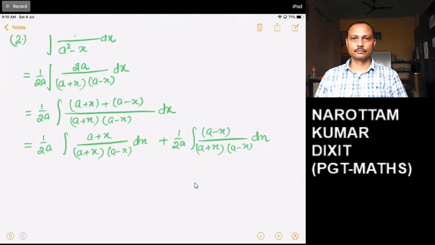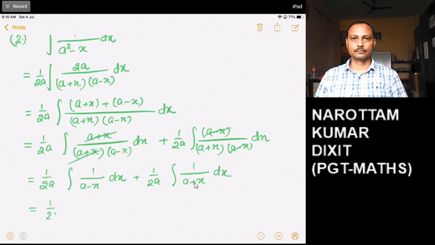So in the first term a plus x cancel out, in second term a minus x cancel out. So we get 1 upon 2a integration of 1 upon a minus x with respect to x, and it is 1 upon 2a integral of 1 upon a plus x with respect to x. Now what is the integral of 1 upon a minus x?